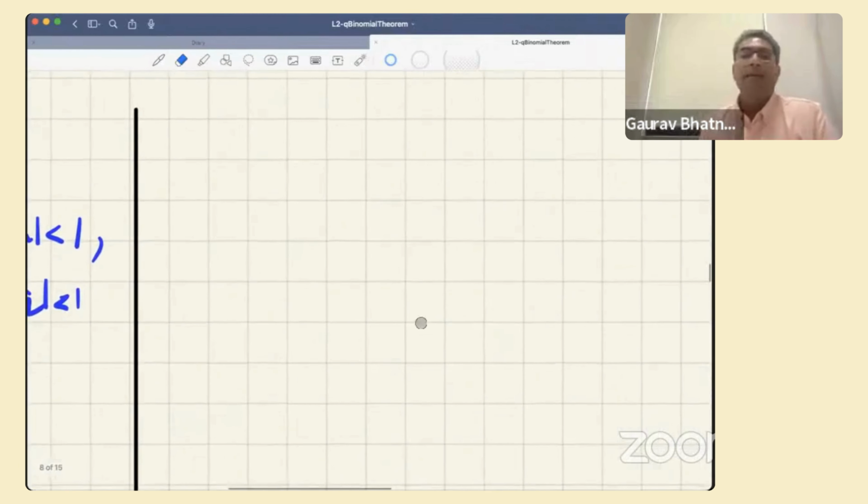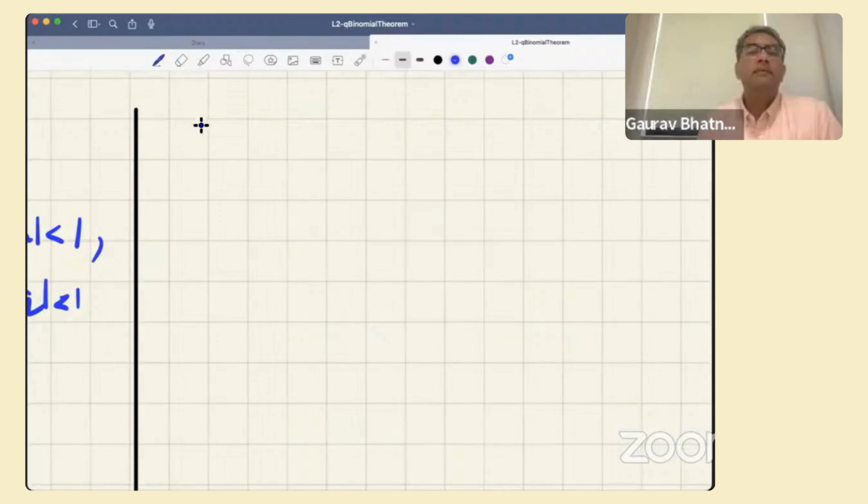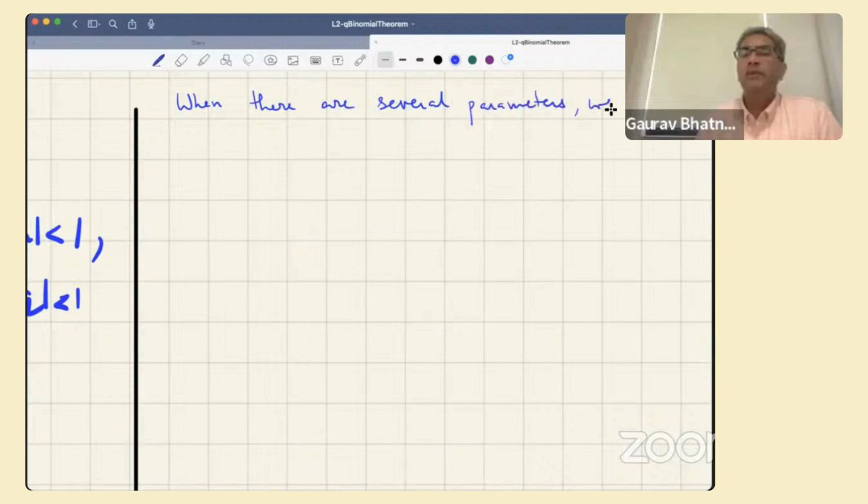So when there are several parameters, maybe this pen, we use a notation.